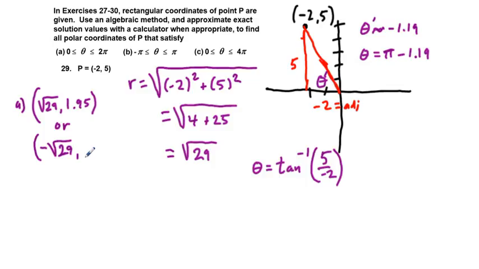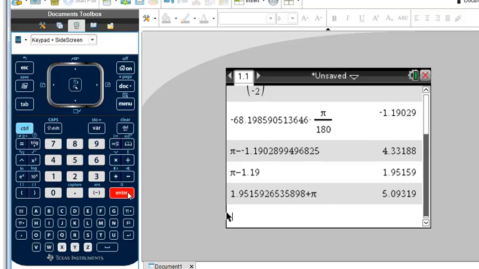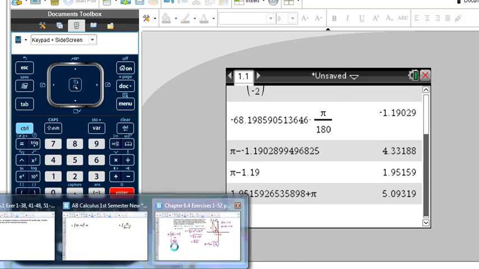Well, what we'd have to do is add pi to that. And so we would add pi to this 1.95. So we go to our calculator and put in plus pi. We have 5.09. So here we have 5.09.